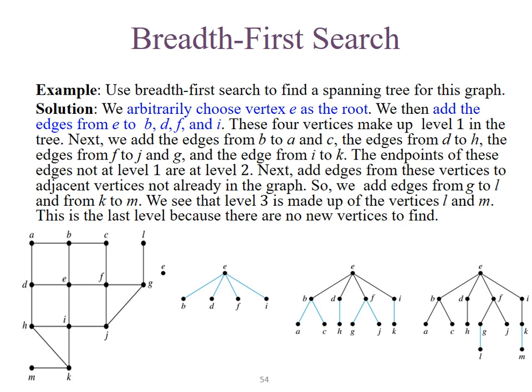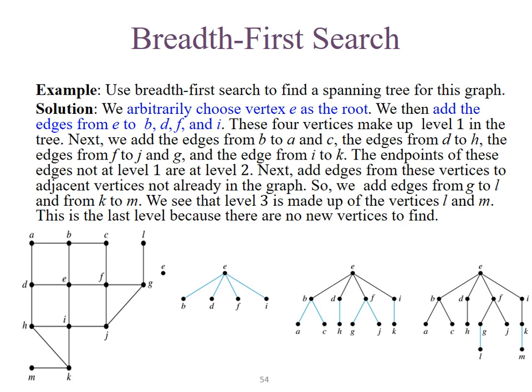Let's see another algorithm, breadth first search. Okay, so let's see for this graph, if we apply the breadth first search algorithm to discover the spanning tree, the first step is to arbitrarily choose a vertex. In this case, we choose E as our starting vertex.